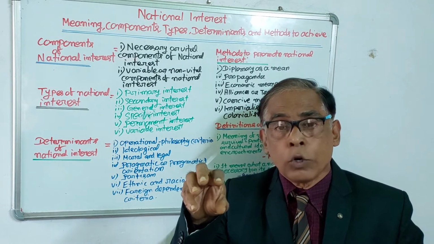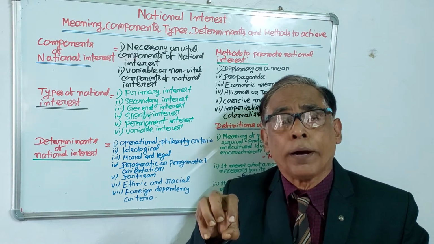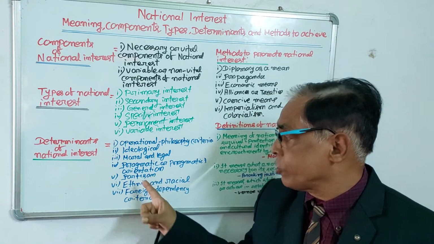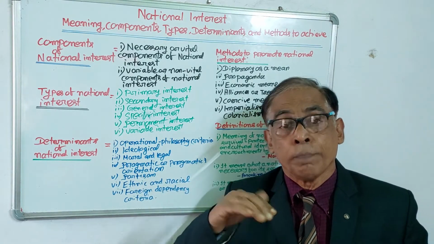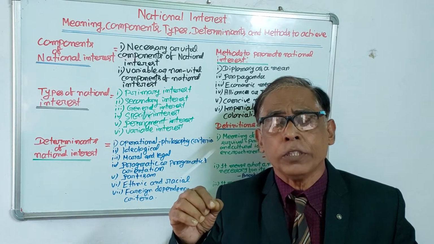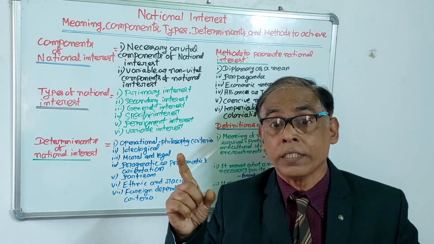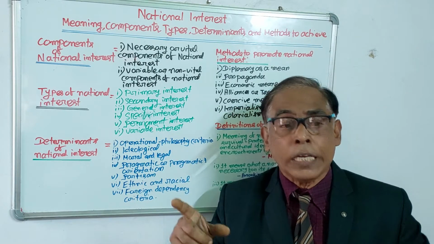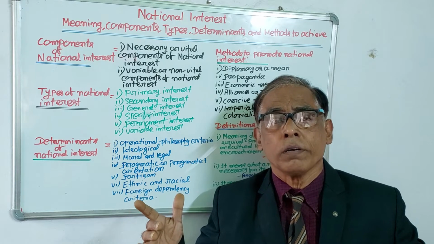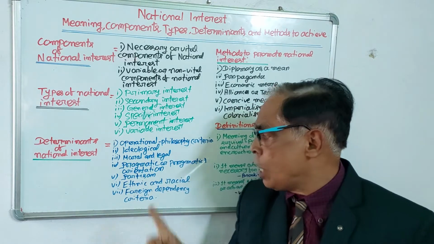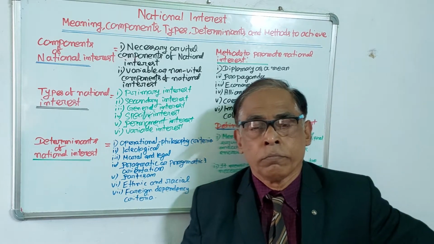If a group of minority will come to power, it will see... Whenever a country will prepare its foreign policy to secure national interest, it will not see whether any party will be in loss. It will see the country's interest. It is partisan determinant.